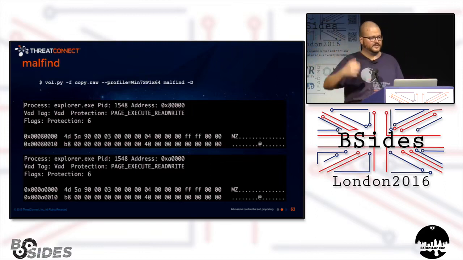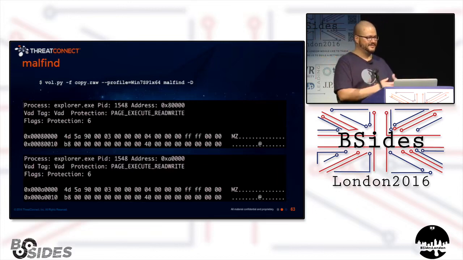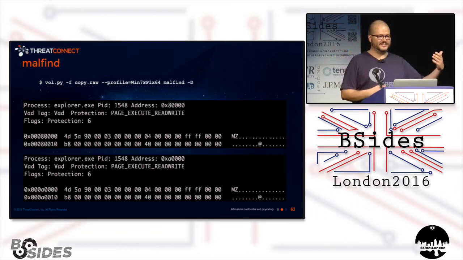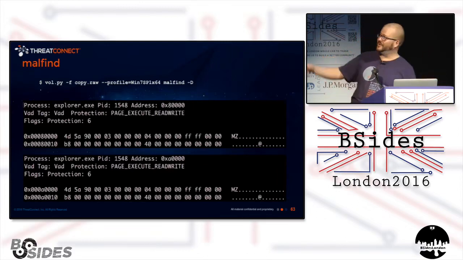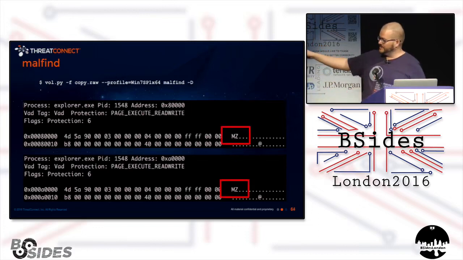Malfind looks for process injection and anything that has been injected, and you can see explorer.exe. You'll see a theme when you're using things like Volatility: if you run one tool and you see explorer.exe running, then you run malfind and explorer.exe was actually injected. So clearly it was injected.